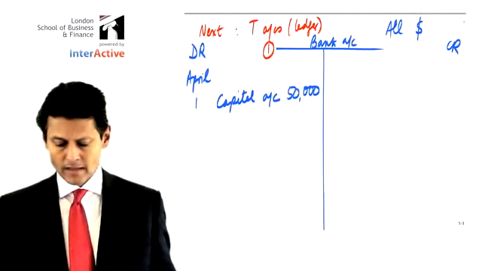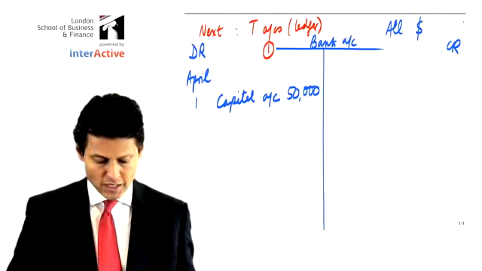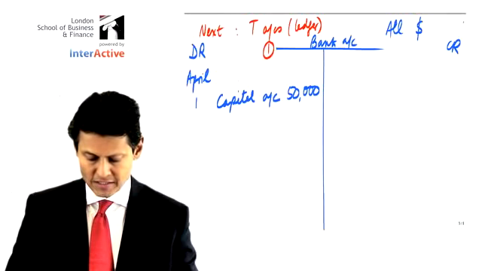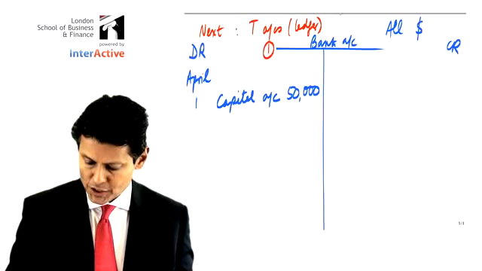So what do you think we should do? The cash account is the same as the bank account, so let's go back to the bank account, which is where the cash is shown. So I better be careful and say bank includes the cash.